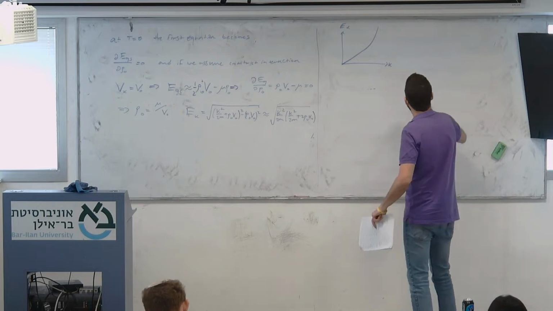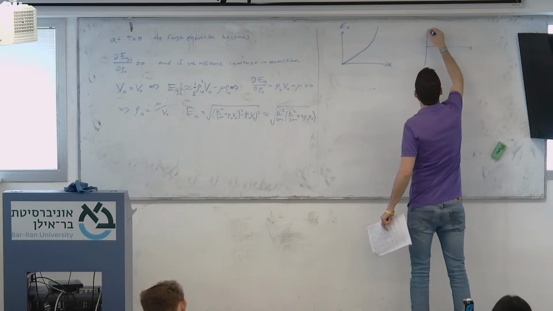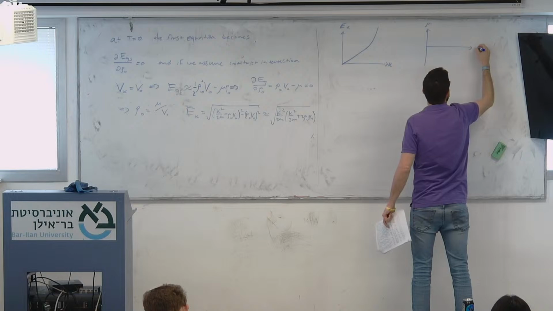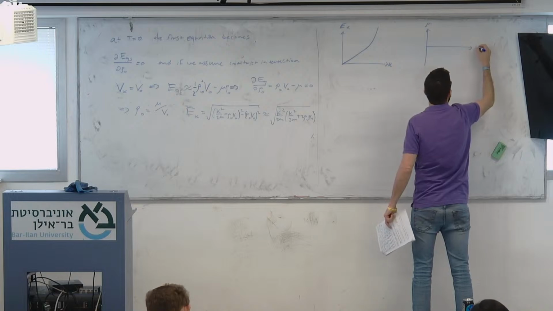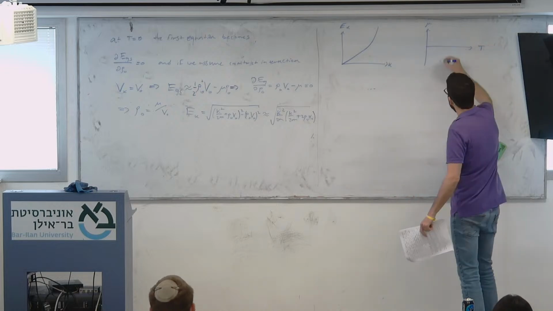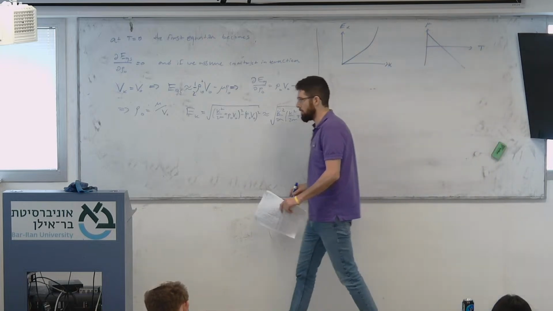We can also plot the chemical potential as a function of some parameter, like maybe temperature, and basically what we expect is something like that.